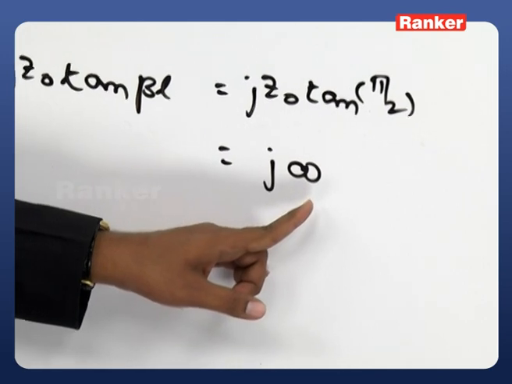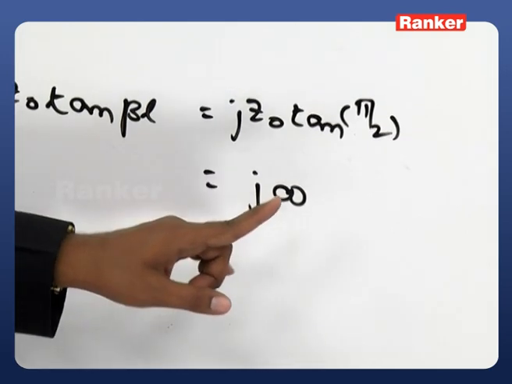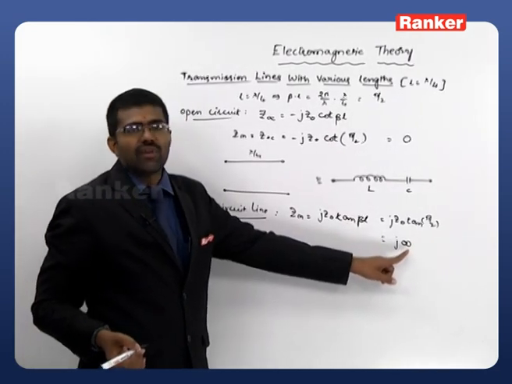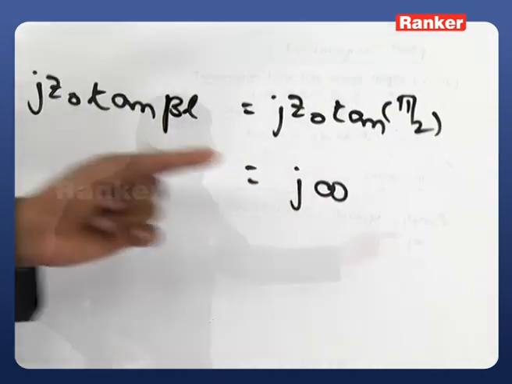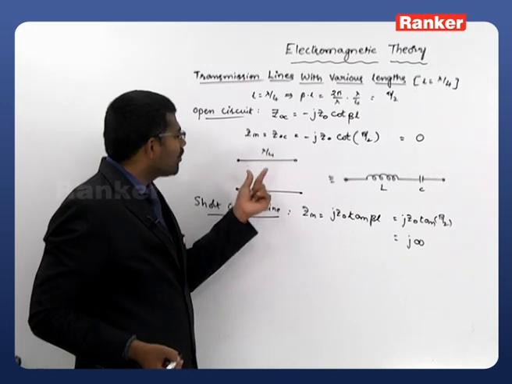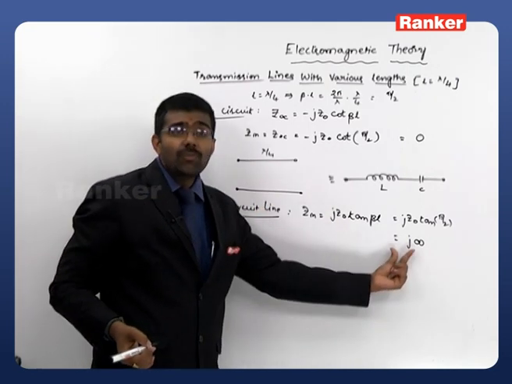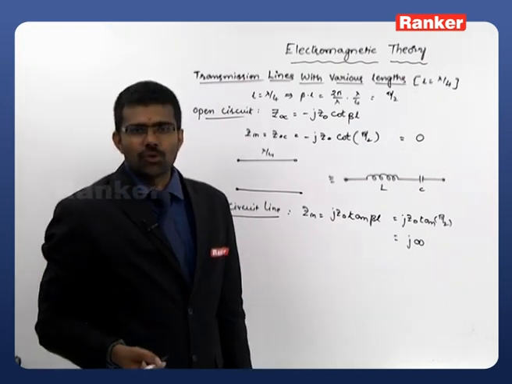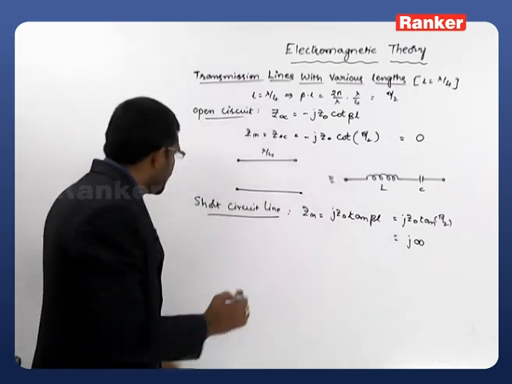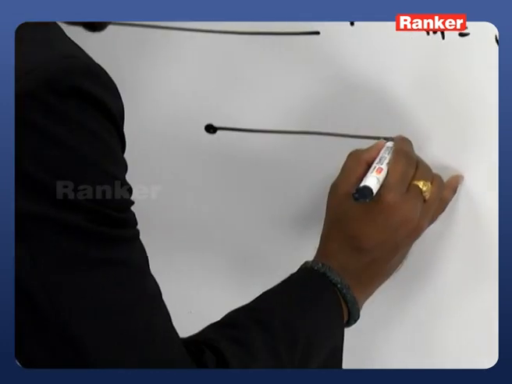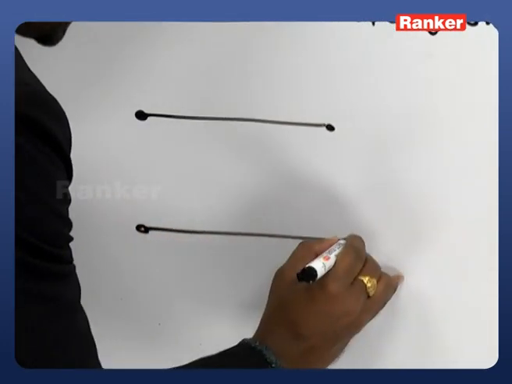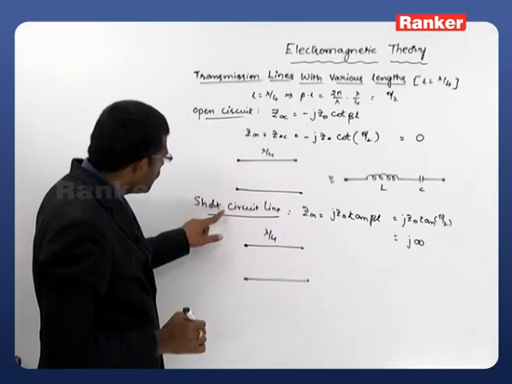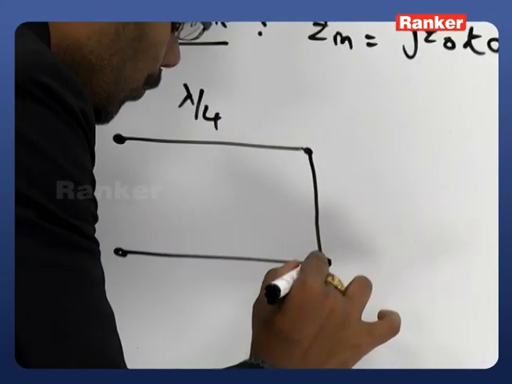Now once again you have to recollect the circuit theory that whenever there is a tank circuit and at resonance, if you are observing it, the impedance is infinite. So clearly a short circuit lambda by 4 line can be replaced with a tank circuit, that is nothing but a parallel LC circuit. So I will draw the figure again. The transmission line we are considering has length lambda by 4. Now what is the condition for this transmission line? It was short circuited.